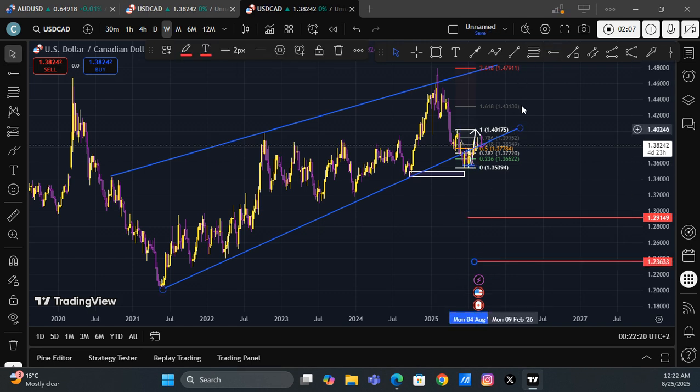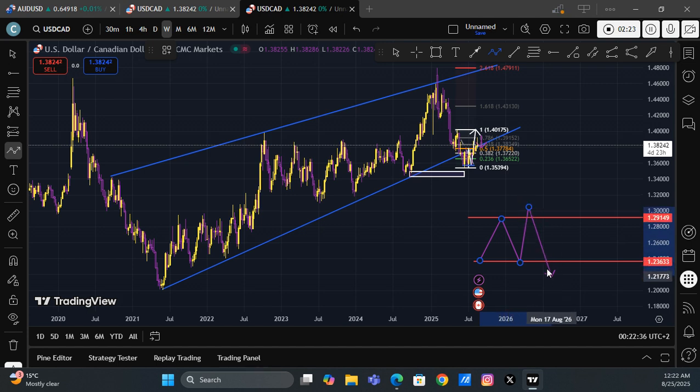Now, when the market is moving within the Wyckoff schematic like that, this is a compression. And once it breaks above it, we expect it to break below. And this is what we call an expansion, because the market is moving out of the compression.